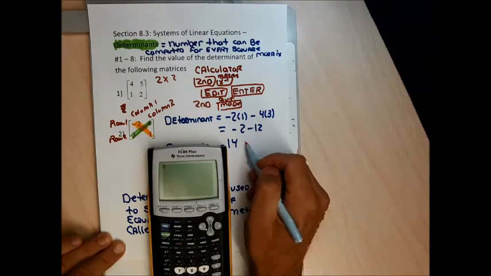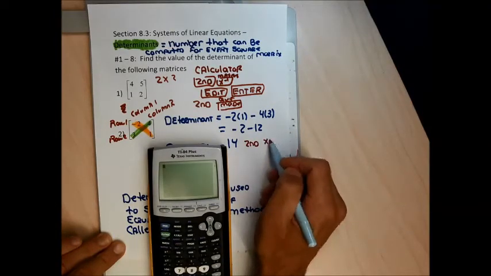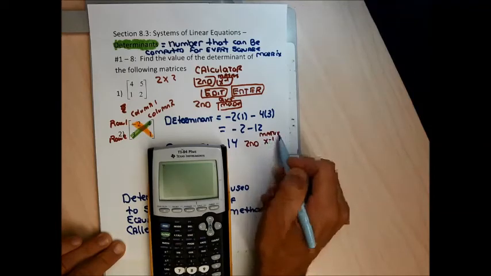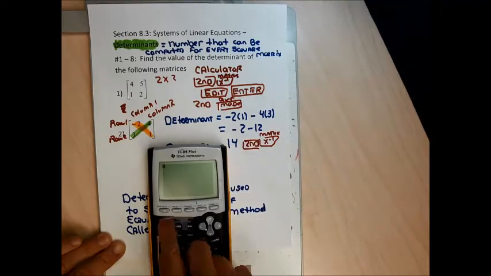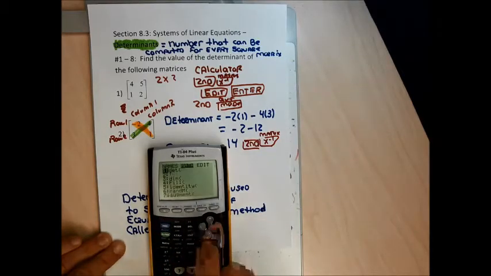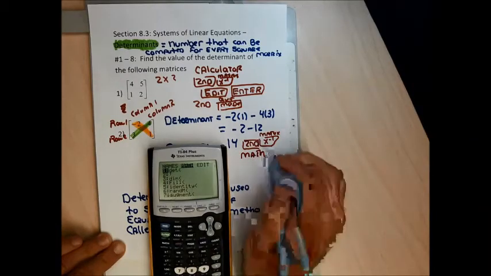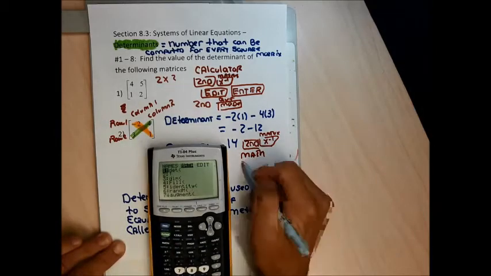And the next process is going to be similar too. I'm going to hit second and the X inverse matrix key, and I'm going to go over to math. But this time I don't have to go down anywhere. I'm going to select DET, which means determinant.